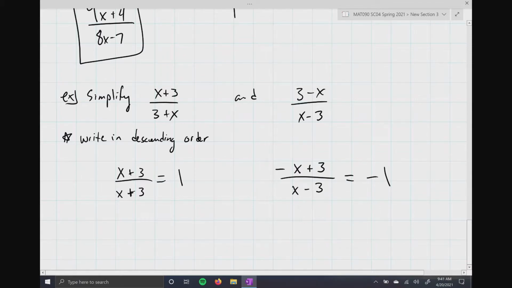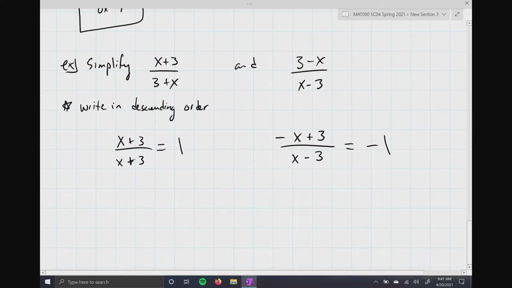Now, let me prove to you why it's negative 1. Remember that thing I said a long time ago? Whatever that first term is, if it's negative, we don't like that. So watch what happens when I factor out a negative 1 out of the numerator. If I factor out a negative, remember, all that does is it changes signs.